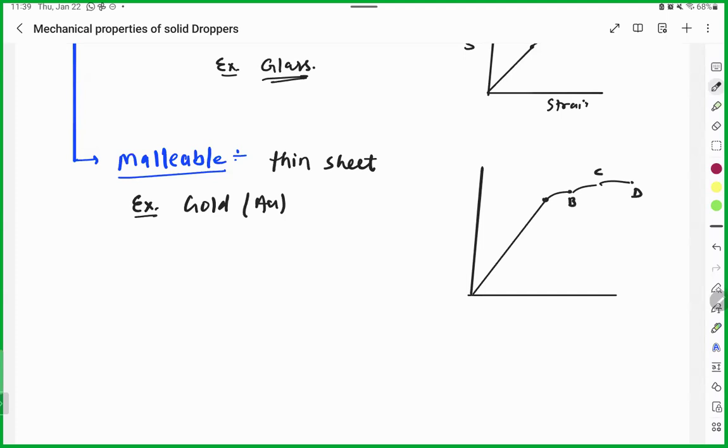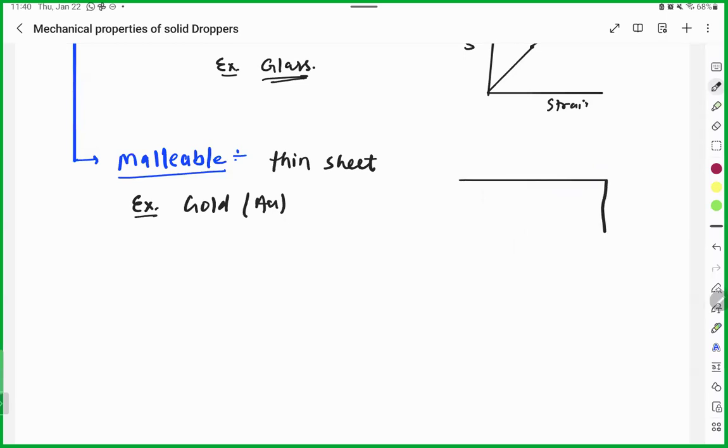No. No, sir. Why? We can't. Why? So plasticity is less. More. We are compressing.